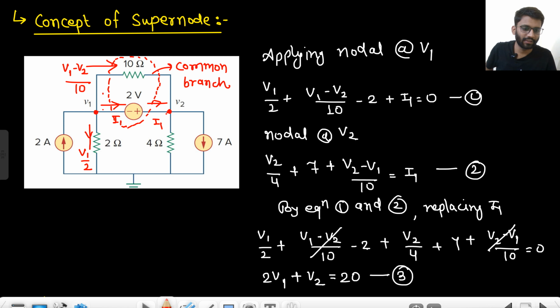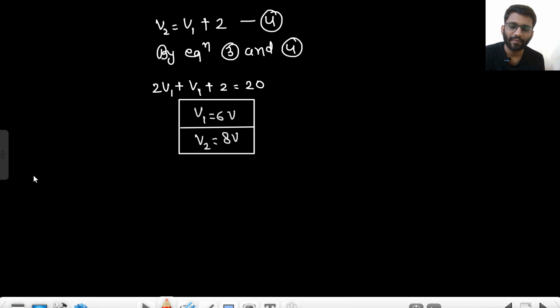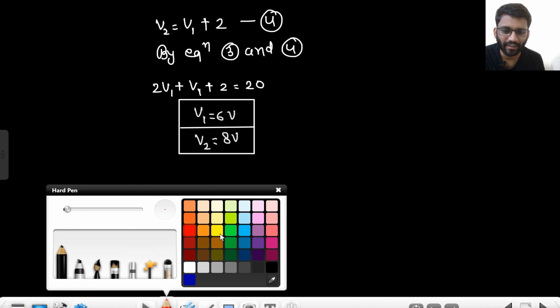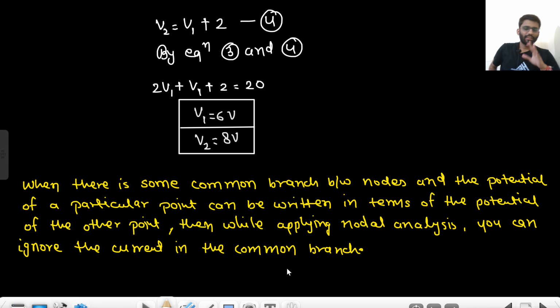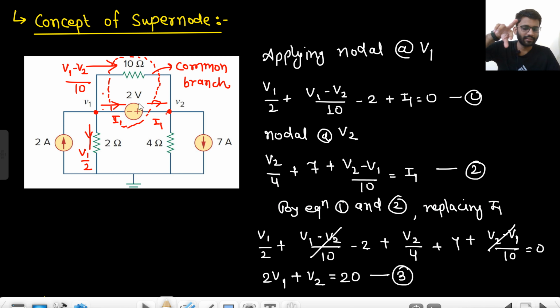Okay, so I will write down this statement. I will just pause and write because it will waste your time. So what is a supernode? When there is a common branch between two nodes and the potential of a particular point can be written in terms of the potential of the other node or point, then while applying nodal analysis you can ignore the current in the common branch.